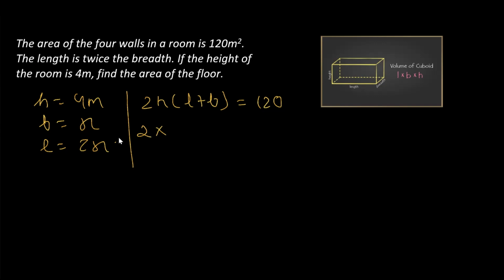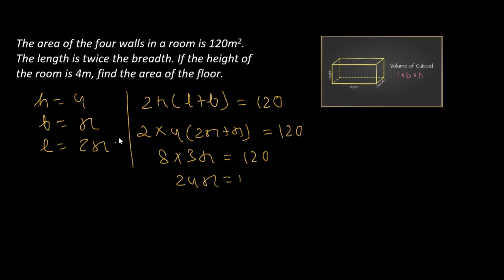We have 4, the height, and the length as 2x, the breadth as x, is equal to 120. So 4 into 2 is 8, and 8 multiplied by 2x plus x, which is 3x, is equal to 120. This is 24x equal to 120. So x is equal to 120 divided by 24, which is 5. So we got x as 5.